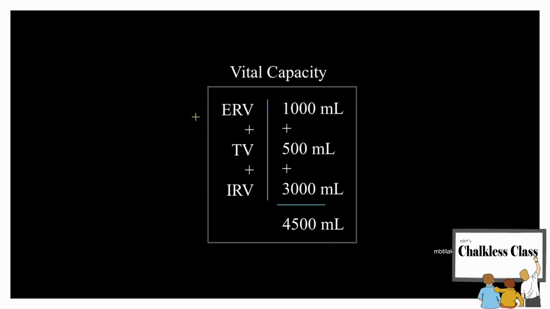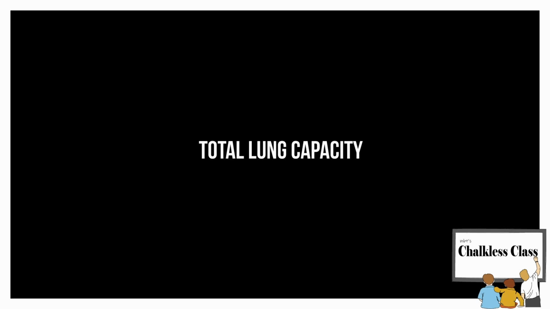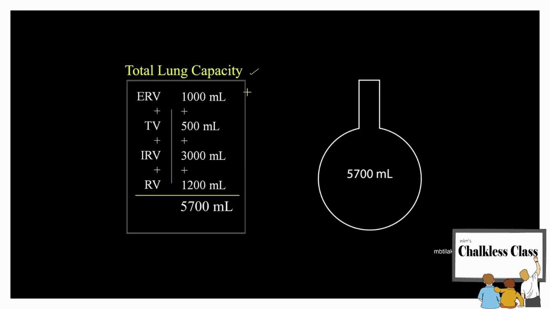Vital capacity is expiratory reserve volume plus tidal volume plus inspiratory reserve volume. This is 4500 ml. TLC includes expiratory reserve volume plus tidal volume plus inspiratory reserve volume plus residual volume.